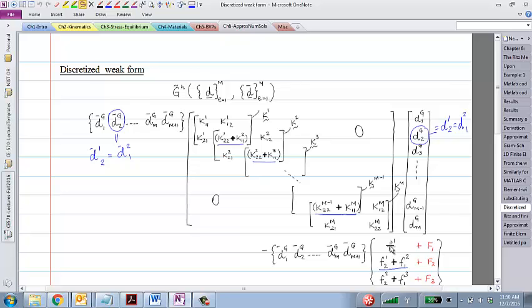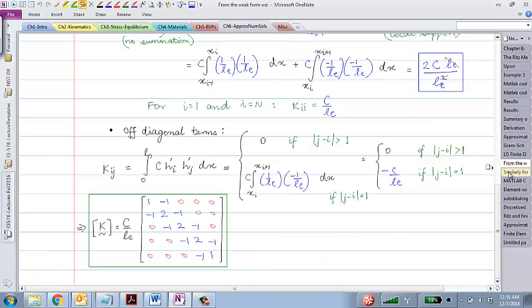And hopefully you should all be able to see that this is exactly what you would get if you were to do it in a conventional way, where if you look at this 2 cross 2 and this 2 cross 2, this element stiffness matrix from element 1 and the element stiffness matrix from element 2 are being overlapped, and 1 plus 1 is what gave us 2 here, right?